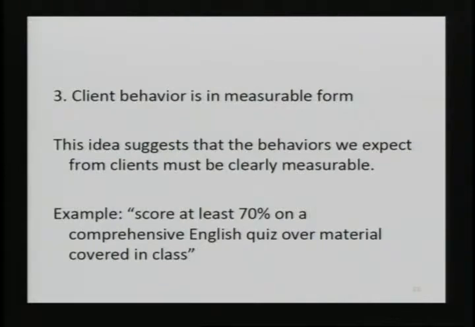An example would be score at least 70% on a comprehensive English quiz over material covered in class. So that's an example of something very measurable. It's indicating that a test is going to be administered and we are specifying a level of performance by the client. And we're specifying at least 70%. That's the kind of specificity that we need for measurability.